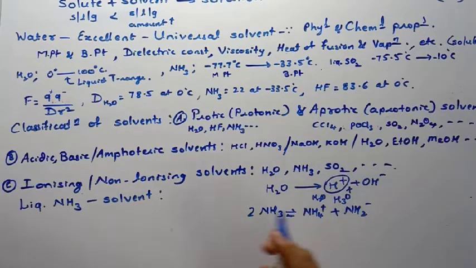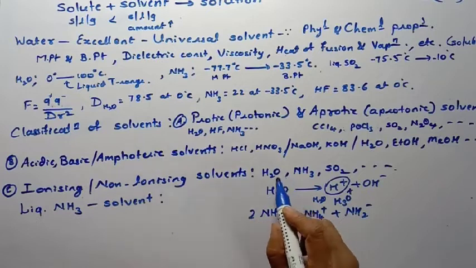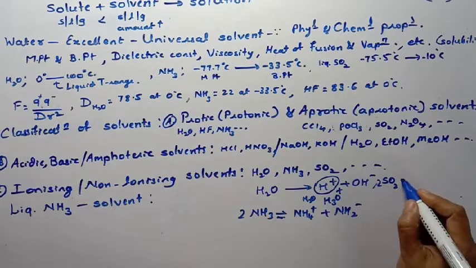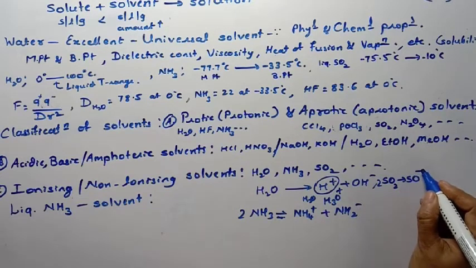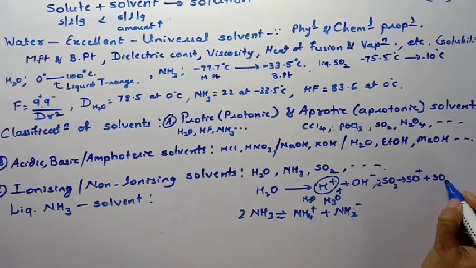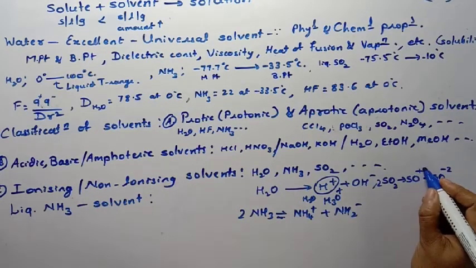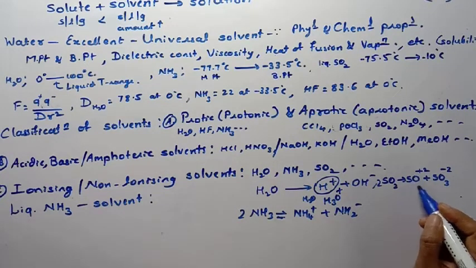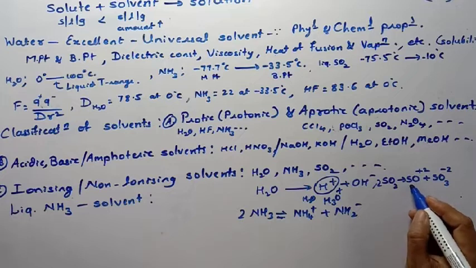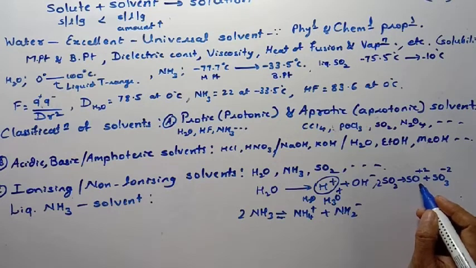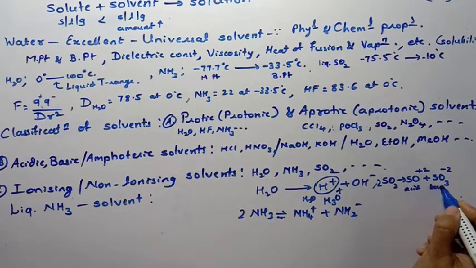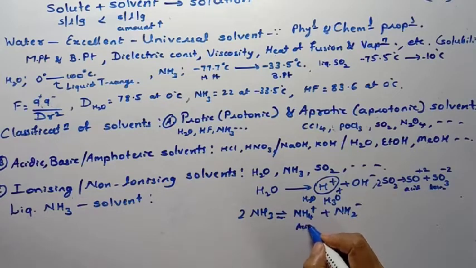Among the liquids which undergo ionization, in the case of SO2 it gives SO2+ and SO3 2-, the thionyl ion and the sulfite ion. These are acidic in nature, these are basic in nature. Here also this ion is acidic in character and this ion is basic in character.